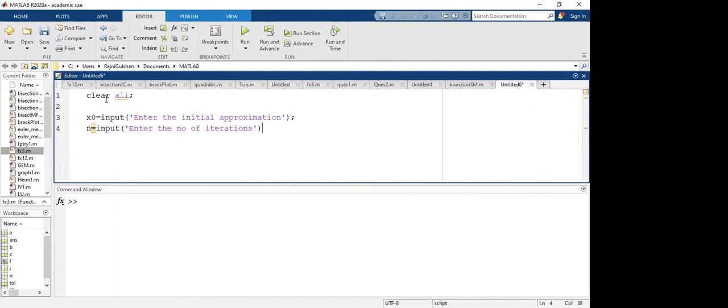You enter the number of iterations, that how many iterations you want to perform. Now you can also enter the tolerance, make a general code. So you enter the tolerance value, right?